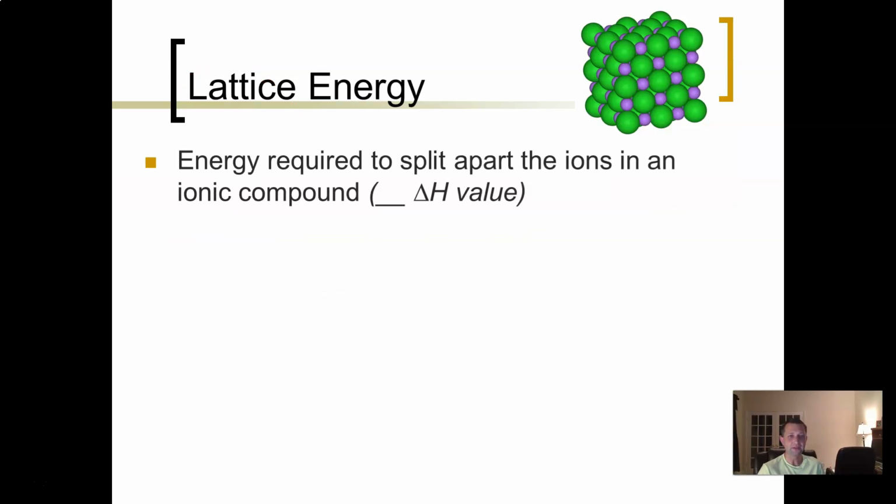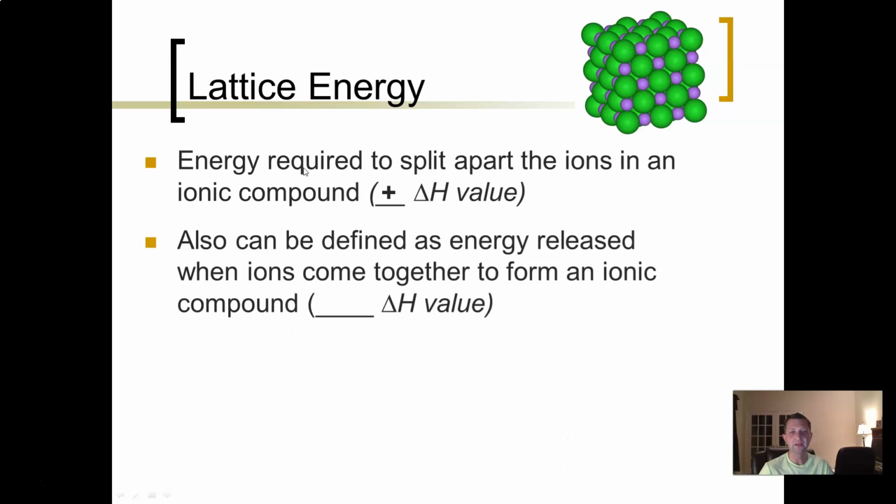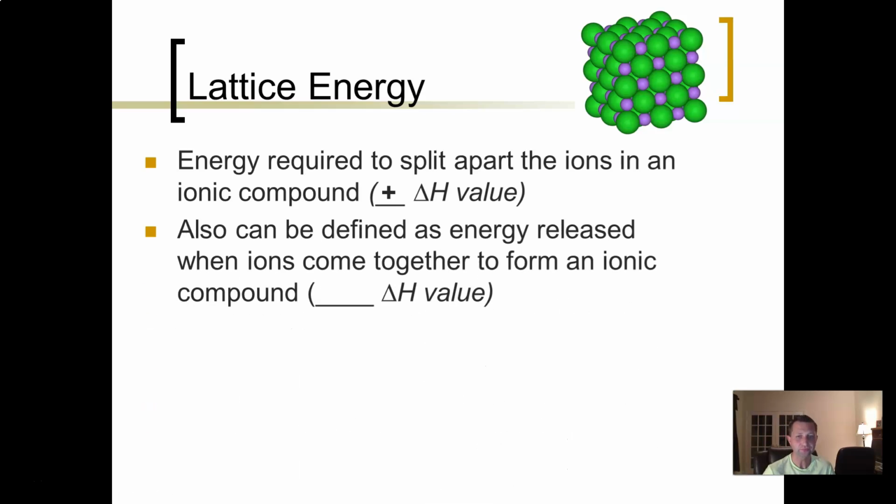You already know this, but lattice energy is the energy required to split apart the ions in an ionic compound. When we did the Born-Haber cycle, we were bringing them together, but if you want to take them apart, that's also the lattice energy. If you are splitting them apart, that's the energy that's required, so that's going to be a positive, endothermic value.